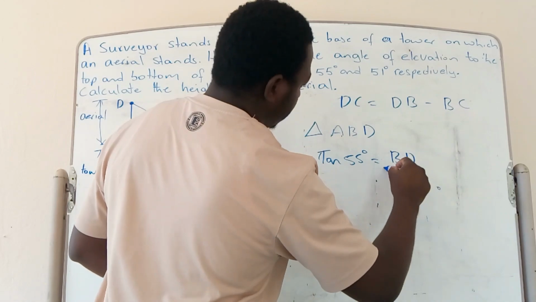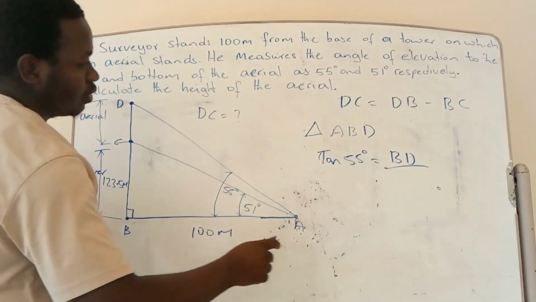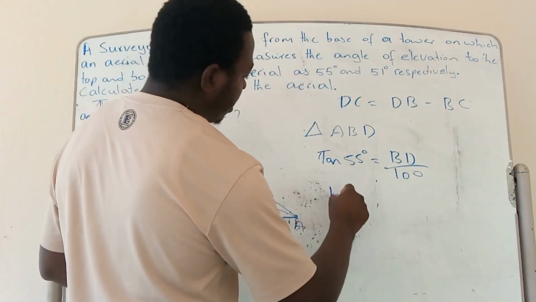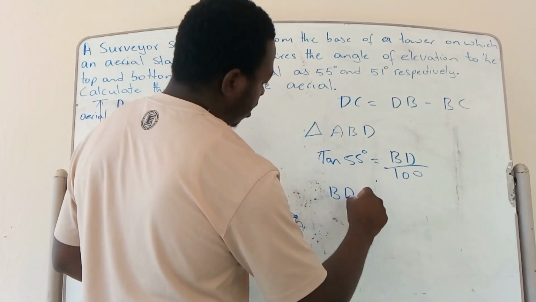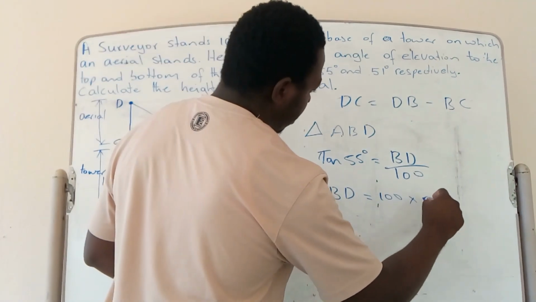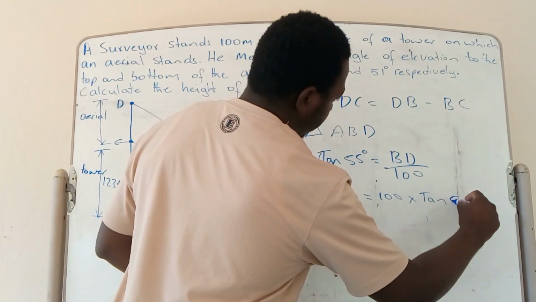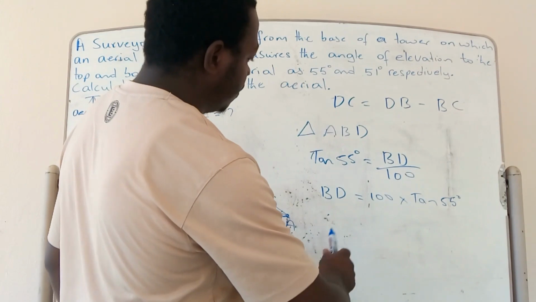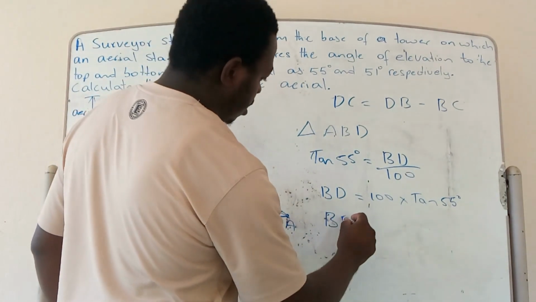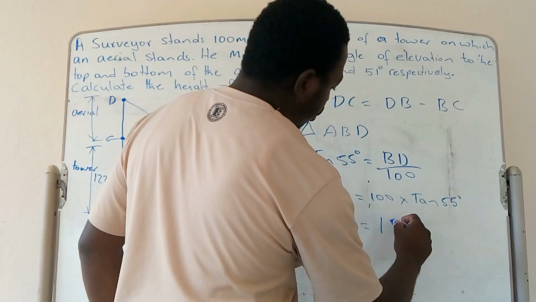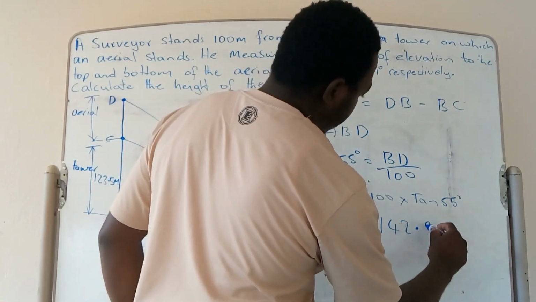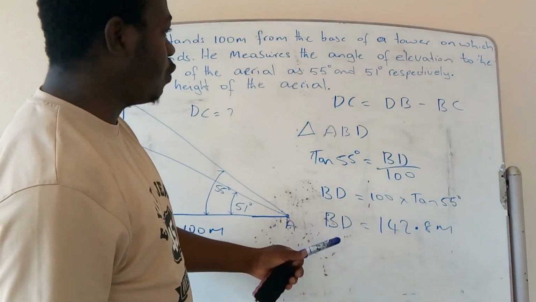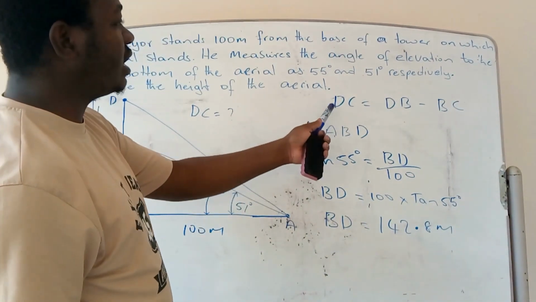BD or DB over the adjacent length, which is 100. Again, multiply both sides by 100. So BD is equal to 100 times tangent of 55 degrees. So we know if you put this on a calculator, we know that BD would equal 142.8 meters, right? So now that we know BD and we know BC, we can now find DC.